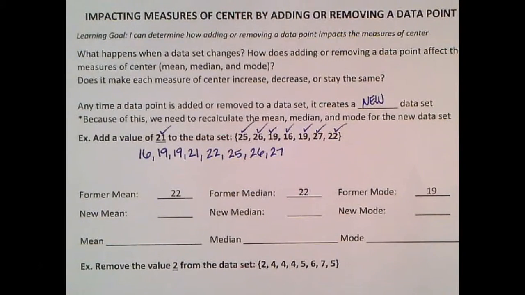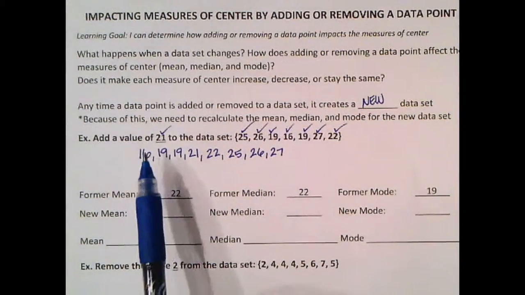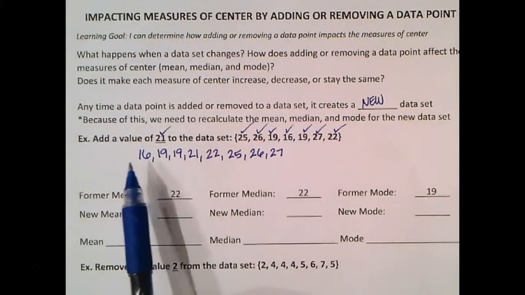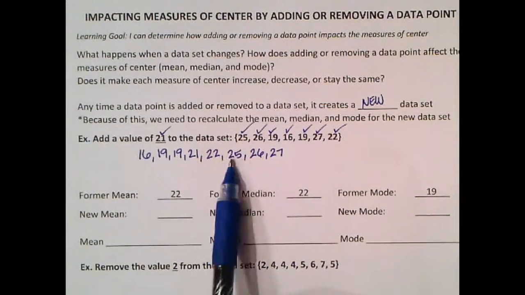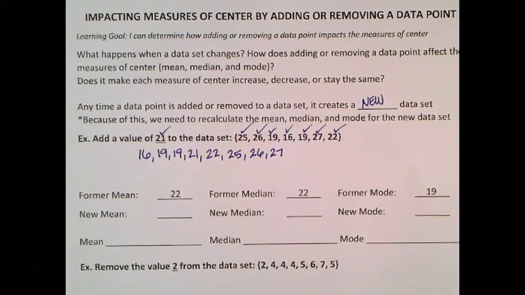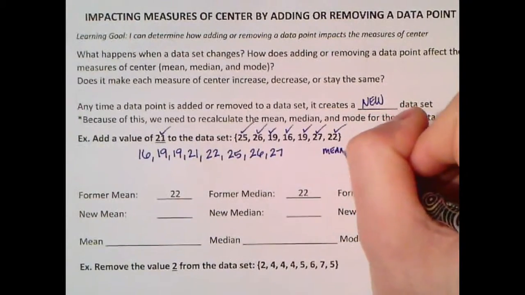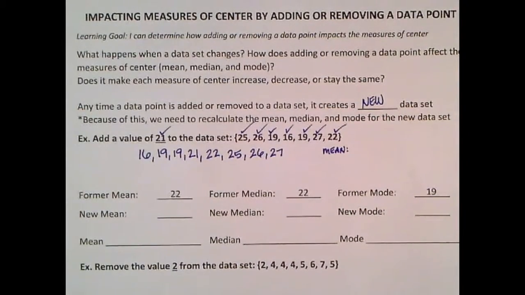Now to find the mean, remember we add everything up and then divide by how many there are. So go ahead, grab a calculator, especially as numbers are a little bit bigger. Let's make this a quick process and add these up and then figure out what you get. All right, when you add those up, remember you can always pause if I'm going a little bit too quick for you on this one.